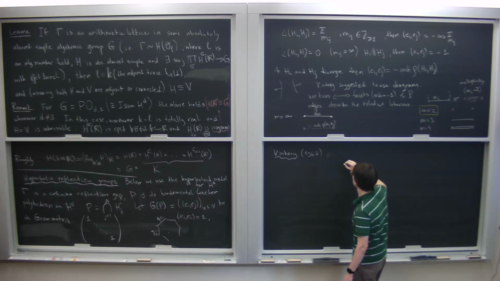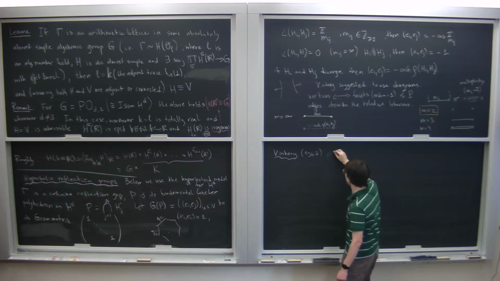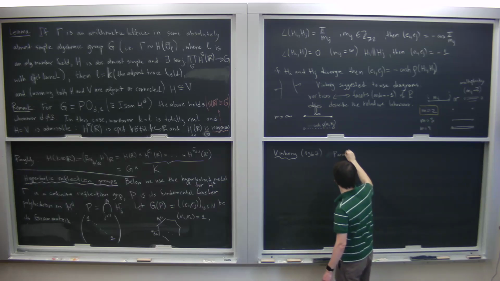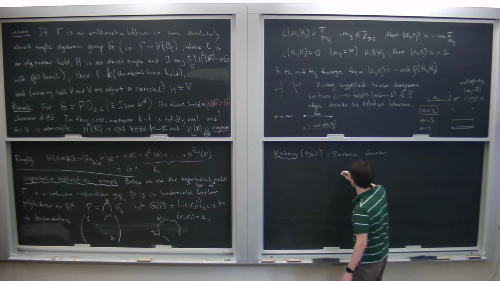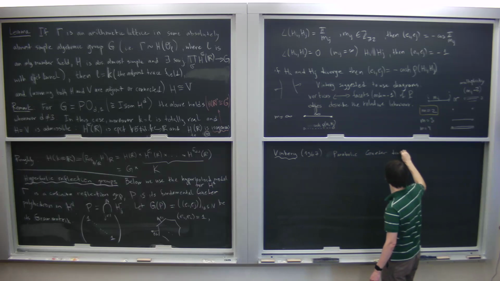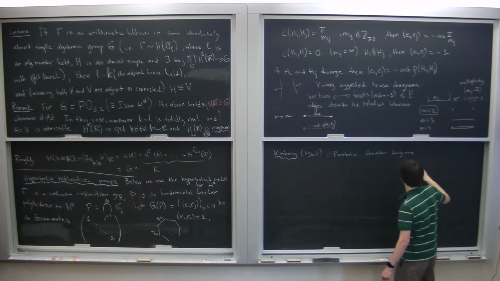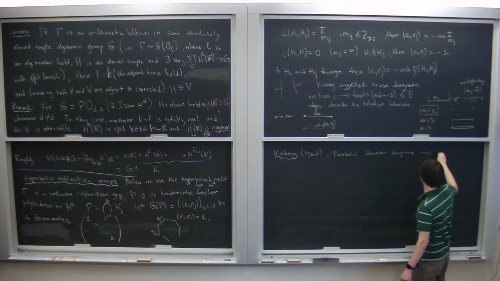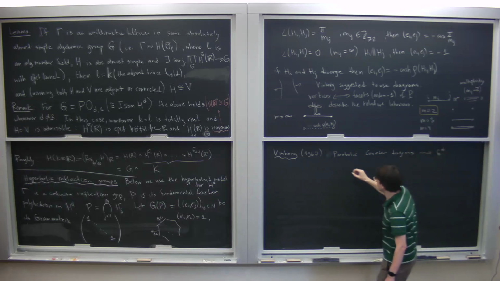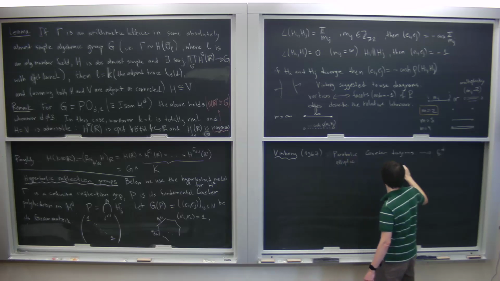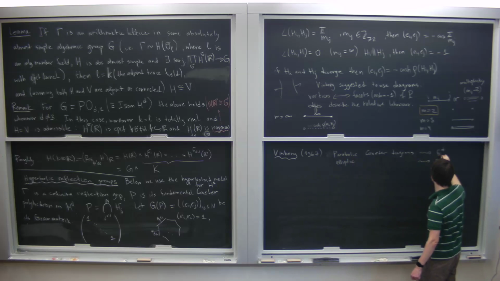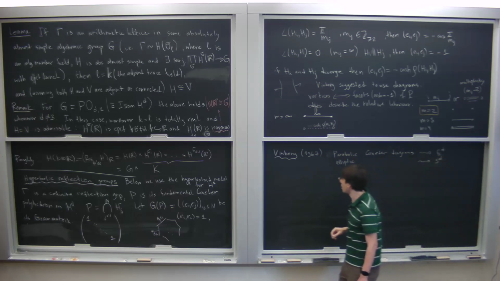So I will say that parabolic Coxeter diagrams, so this is for Euclidean, and elliptic Coxeter diagrams means spherical, right?